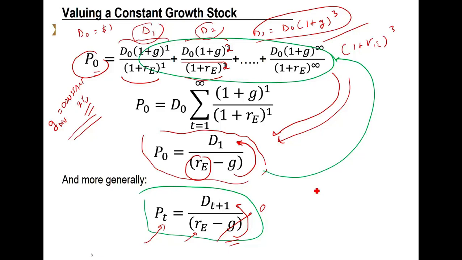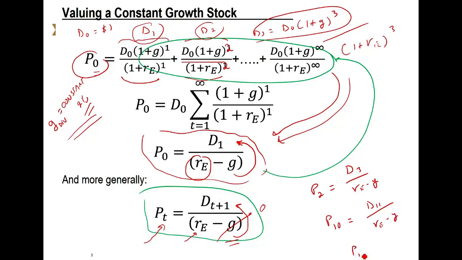So if you want to find the price in year 2, you need what? You need D sub 3 over RE minus g. If you want to find the price at the end of year 10 for your stock, then all you need to do is estimate D11 and divide by RE minus g.